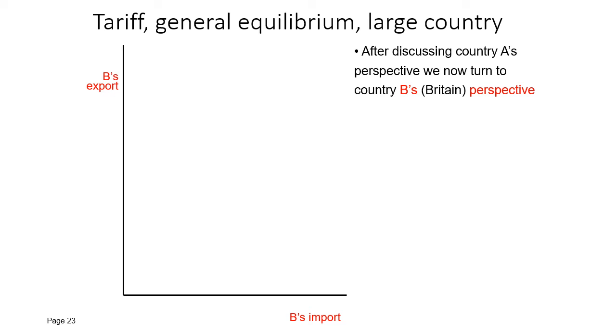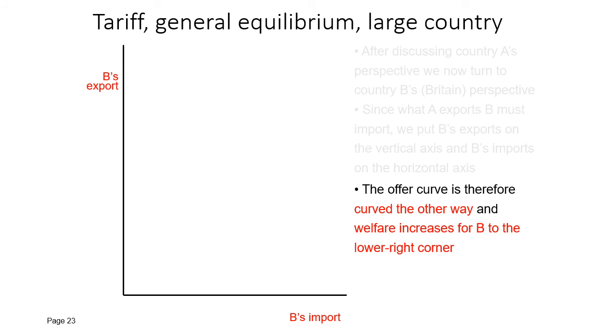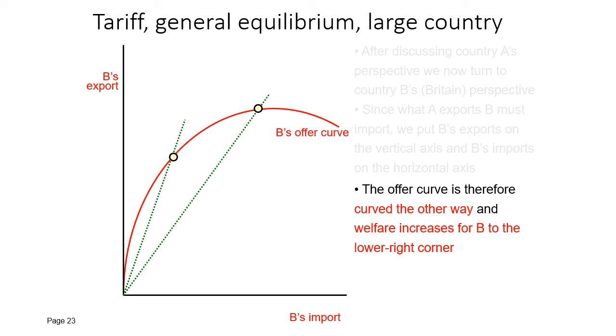So you find now that B's offer curve would actually rotate towards the right. And it looks a little bit different, but it's just because we have swapped the axes. But the same analysis can go forward.